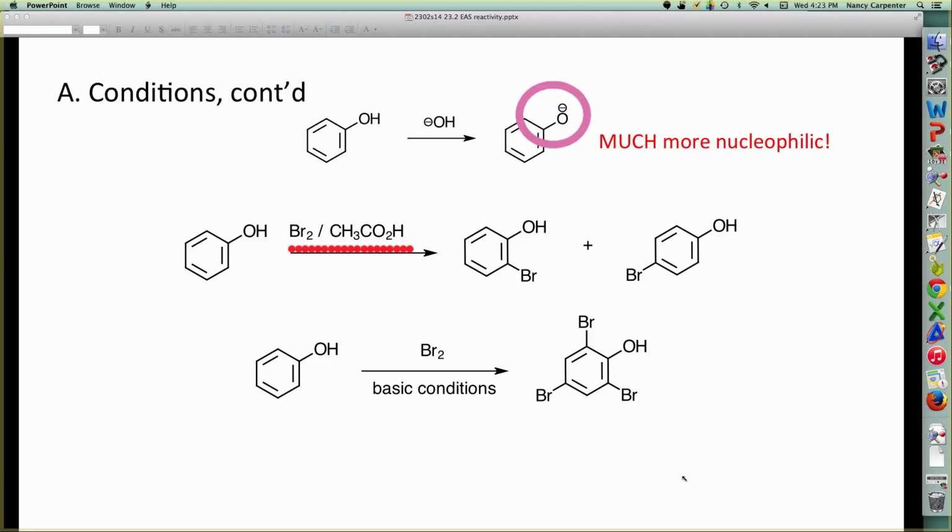But if I do this under basic conditions, remember, you're making your aromatic ring much more electron rich, in which case, oh boy, you get tribromination, and there's not a darn thing you can do about it. It happens lickety-split. So again, pH makes a very big impact.